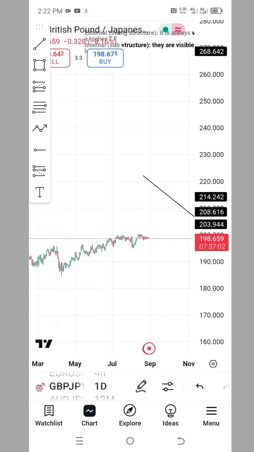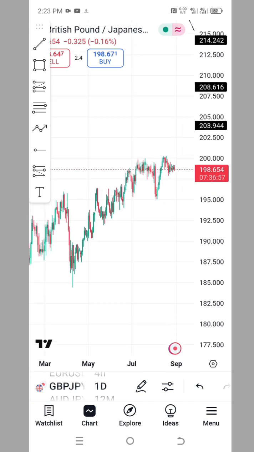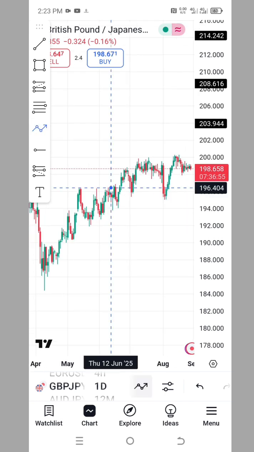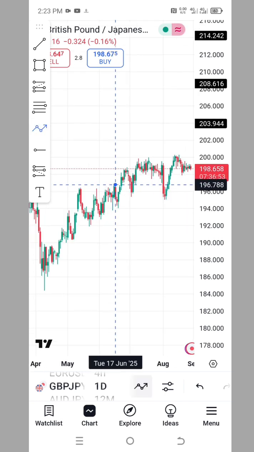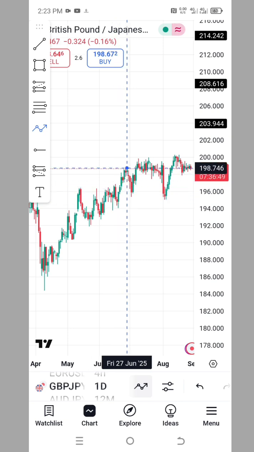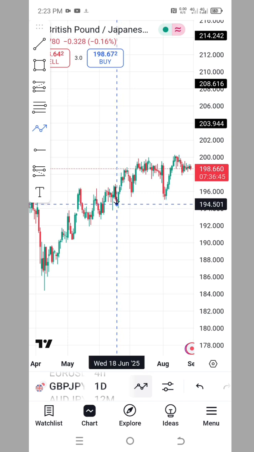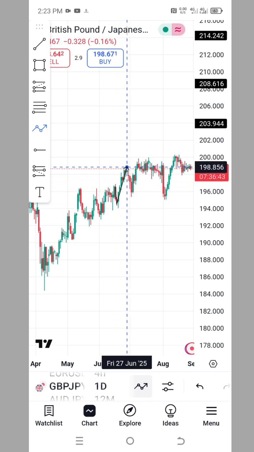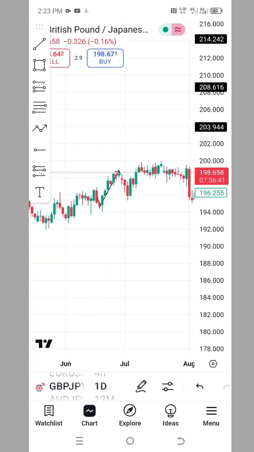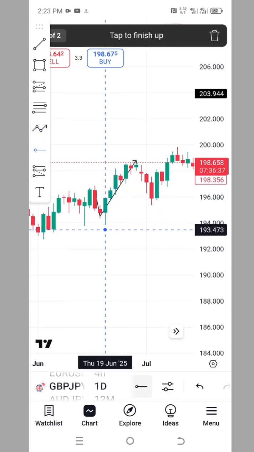So if I come to my chart, this will definitely be a high. Then you can see the low here. Then this is the new high. Let me draw it very well. This is the new high. I hope I'm making sense, and I hope you are seeing it.